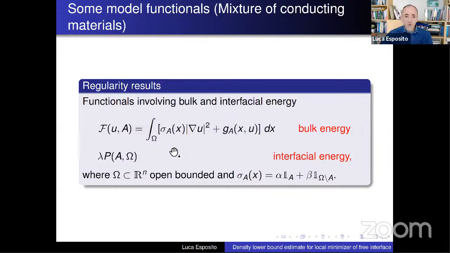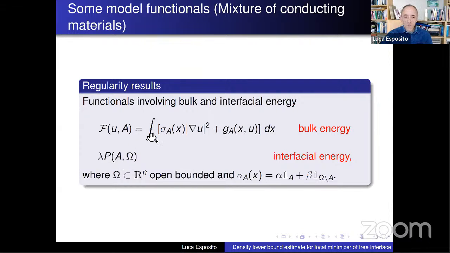Here I want to split the functional into two terms. One is the term with the bulk energy, that is the integral term. The other term is the interfacial energy, that is the perimeter term.